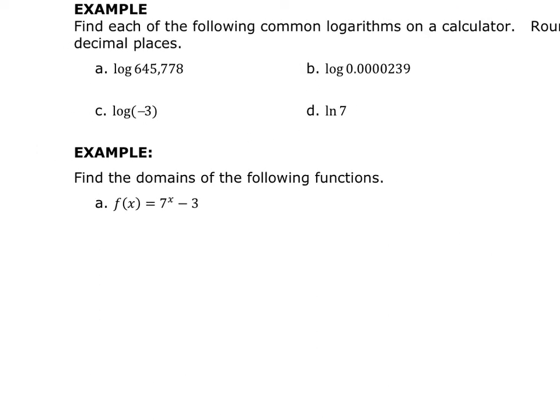If I'm asked to find the domains, I ask myself, when do I have domain restrictions? I have domain restrictions first when I have a rational function, and I have a restriction in the domain because of the denominator.